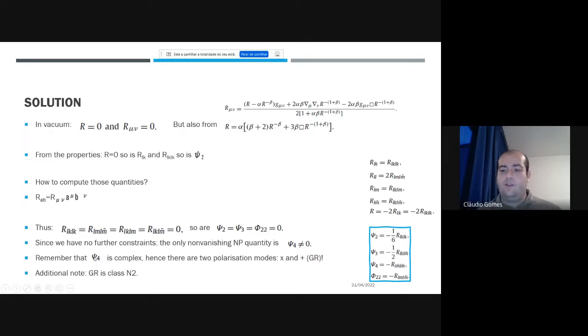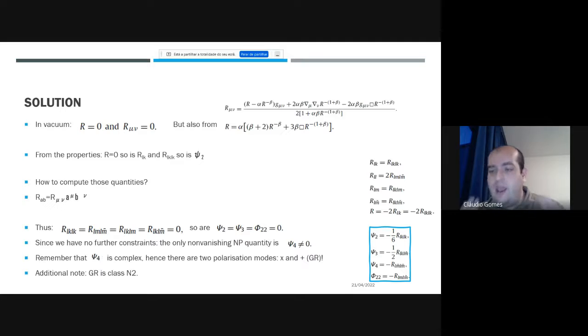Since psi4 is a complex quantity, okay, remember, these are scalars, these are real quantities, and these are complex quantities. So psi4 is complex, therefore two polarization modes exist, and psi4 represents the tensor one, so it's the plus and cross polarization.